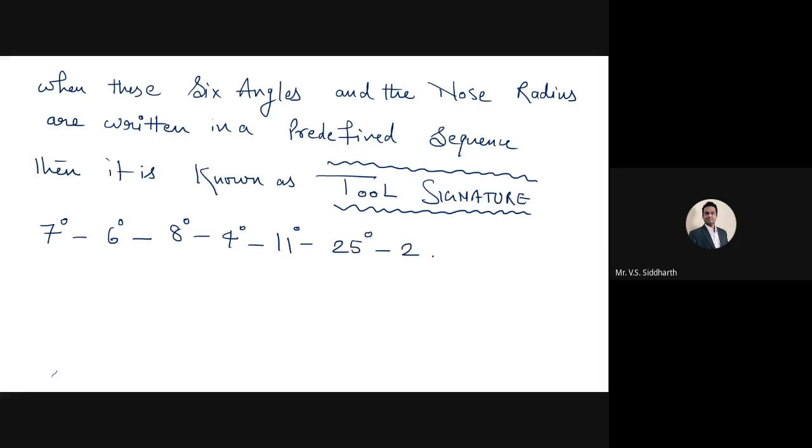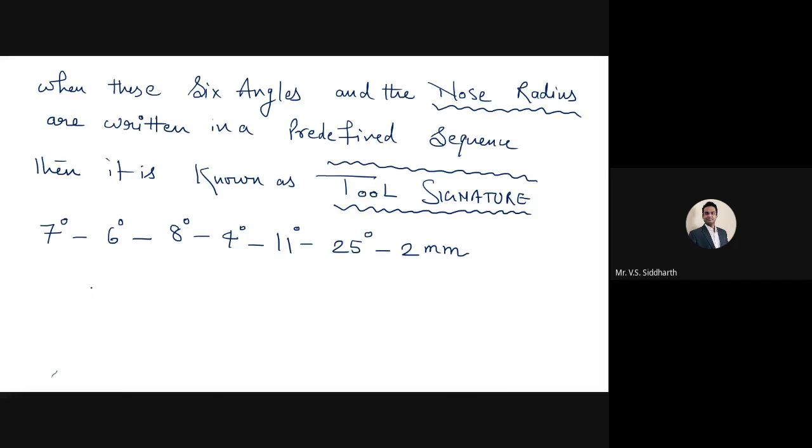See, already 6 angles are completed. The last one should be the nose radius. Radius is given in inch or mm? That is mm. 2 mm is the nose radius.